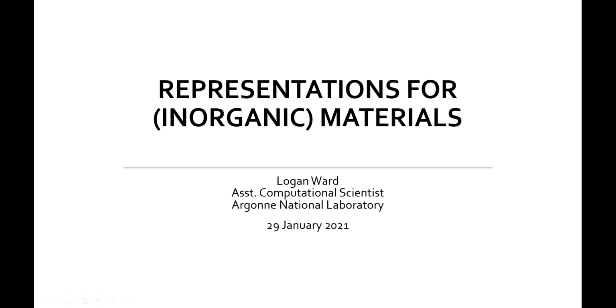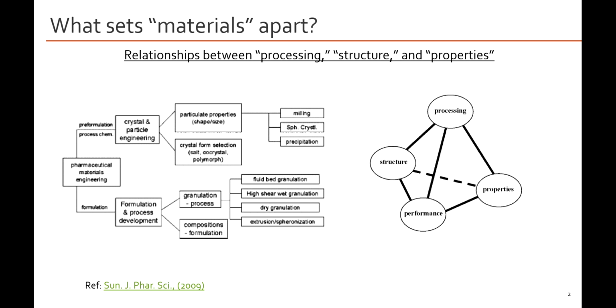Now, knowing that most of you are not materials engineers, we'll start off a little bit on what the word materials means to me and how that's different than just describing, say, molecular chemistry or molecular engineering.